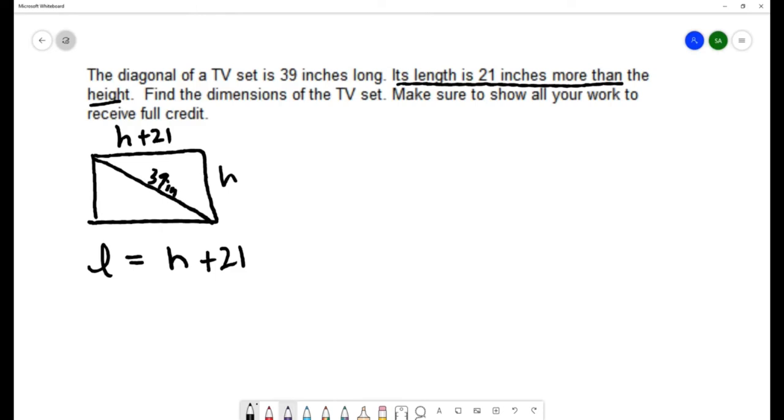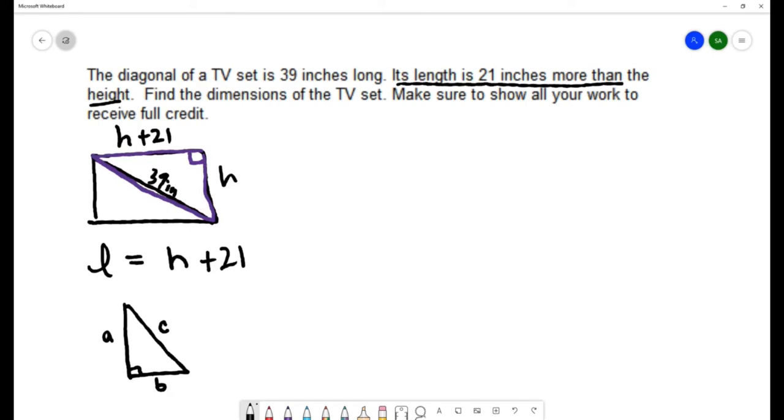And then as I look at this, I can notice that the length, the height, and the diagonal create a right triangle. And a right triangle can be used with the Pythagorean theorem. The Pythagorean theorem is when you have a right triangle and you have two sides, we call those the legs, and then the side that's opposite the right angle, we call that the hypotenuse.